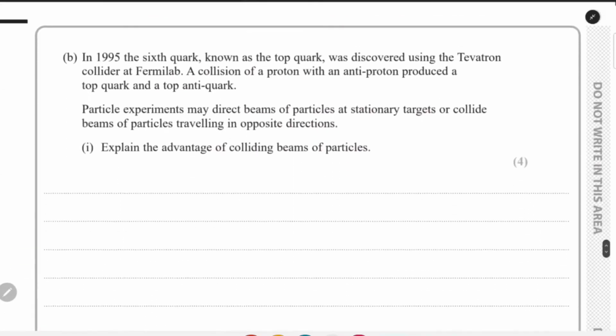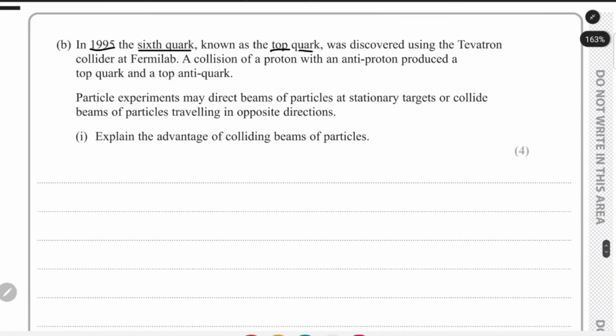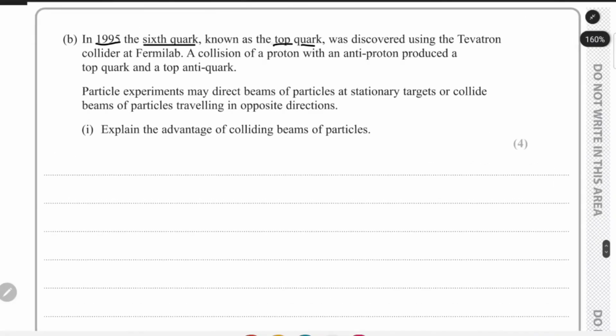Now to part B, we are told that the sixth quark, known as the top quark, was discovered in 1995 with a collision of a proton with an antiproton.